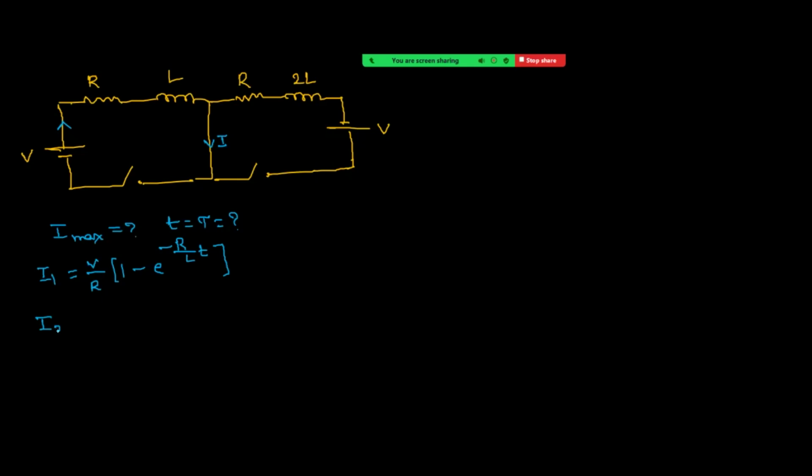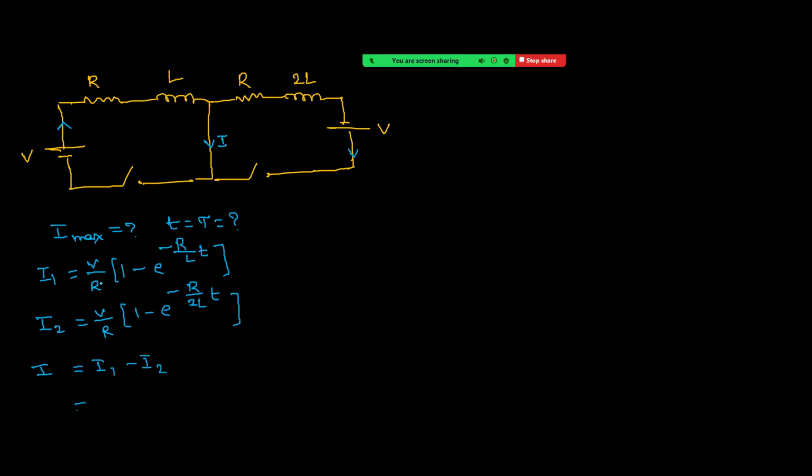Next, if we consider only right part, then current will be V by R into 1 minus e power minus R by 2L into T. And if you observe in the middle wire, because of this left one direction same, but because of right one direction opposite, that means I equal to I1 minus I2.